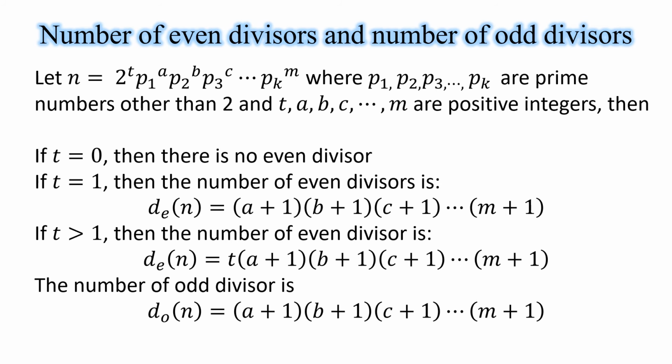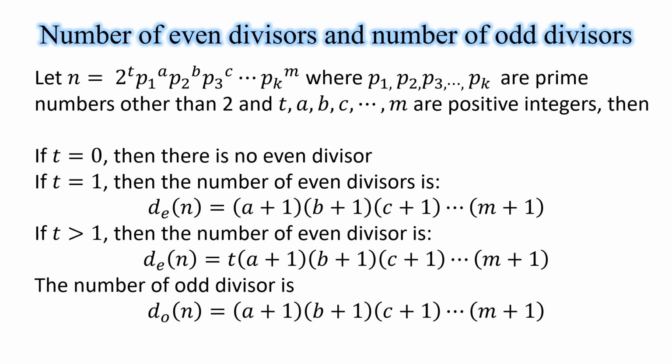Then we have, if t is equal to 0, that is the exponent of 2, then there is no even divisor. That is, if 2 is not a prime factor of n. If t is equal to 1, then the number of even divisors is given by d of n is equal to a plus 1 times b plus 1 times c plus 1, and the pattern continues until m plus 1.